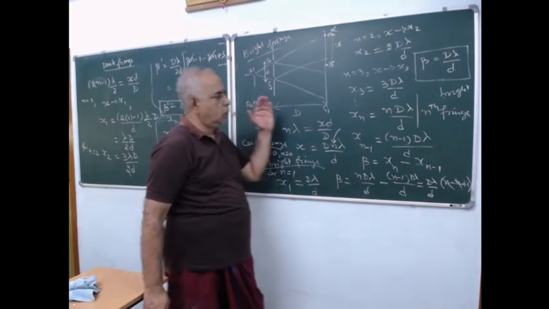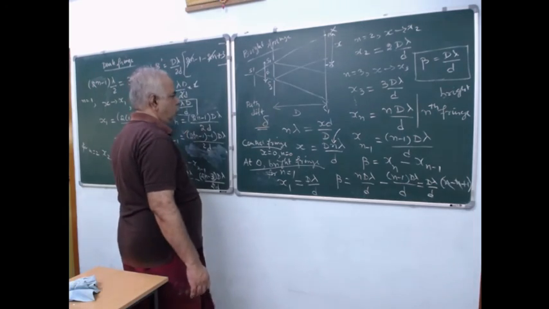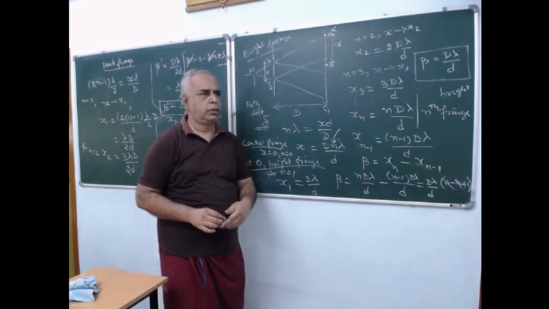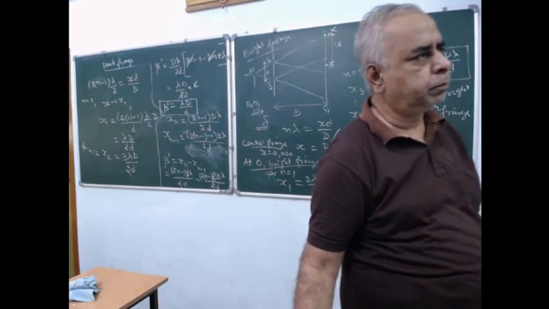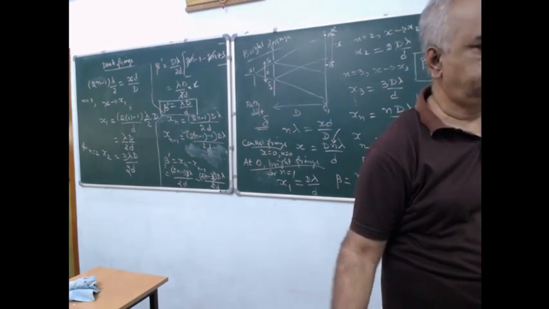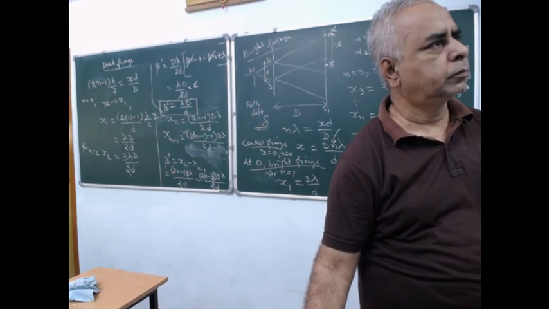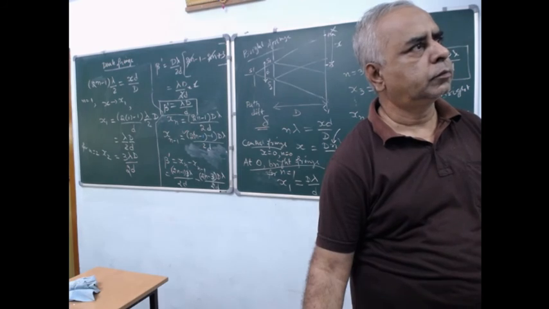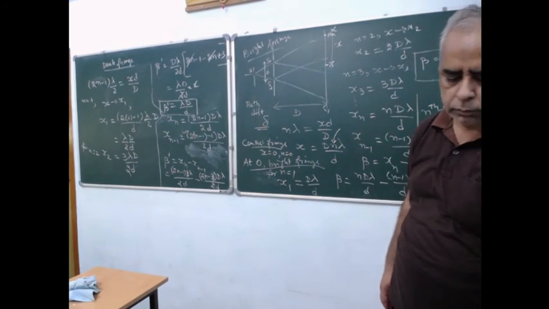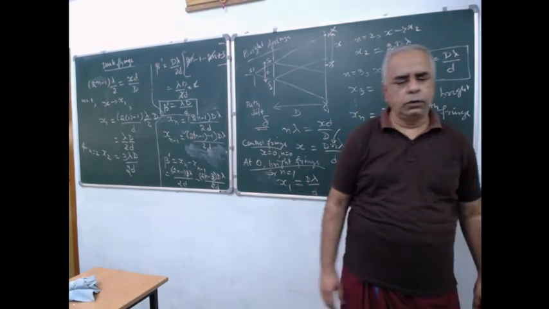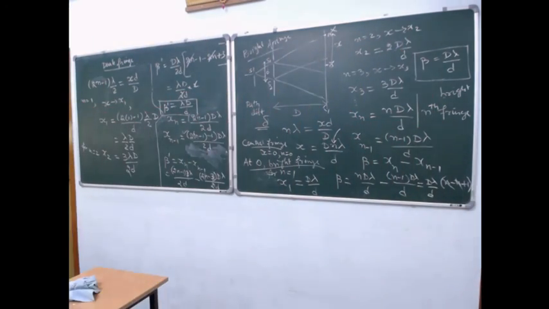Whether you count the bright fringe or the dark fringe, you are able to get the same bandwidth. Okay? Please note down.